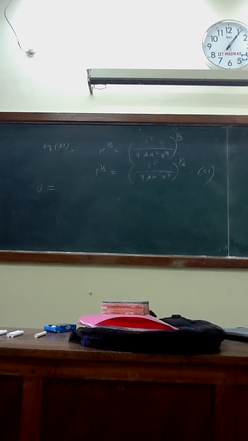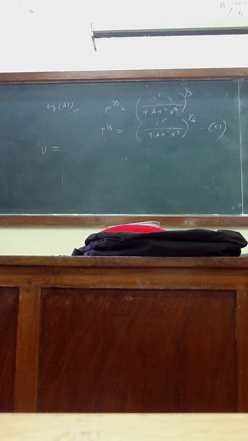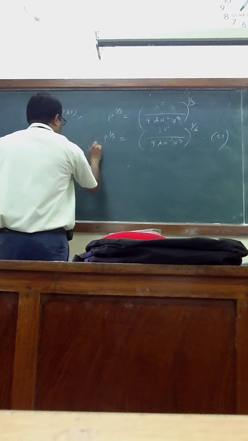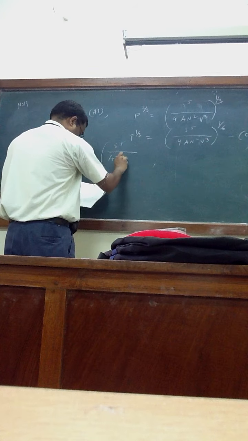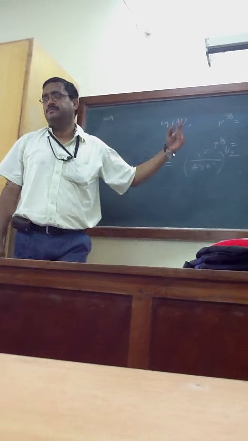Let's see your calculation. So it is U equals s to the power 5 A B n square, whole to the power half, and that's our real equation.